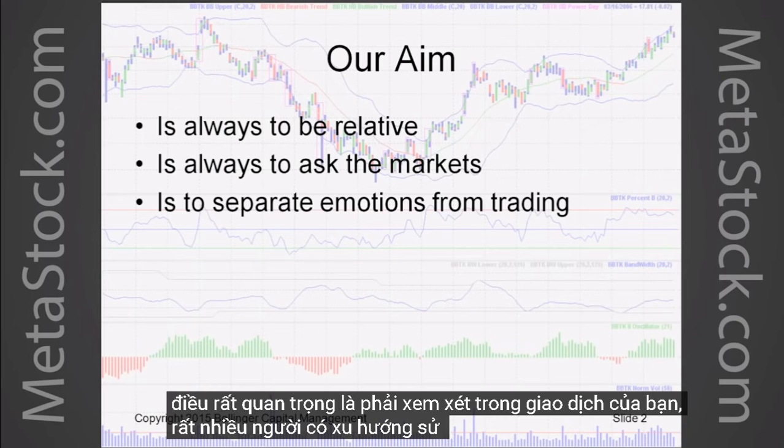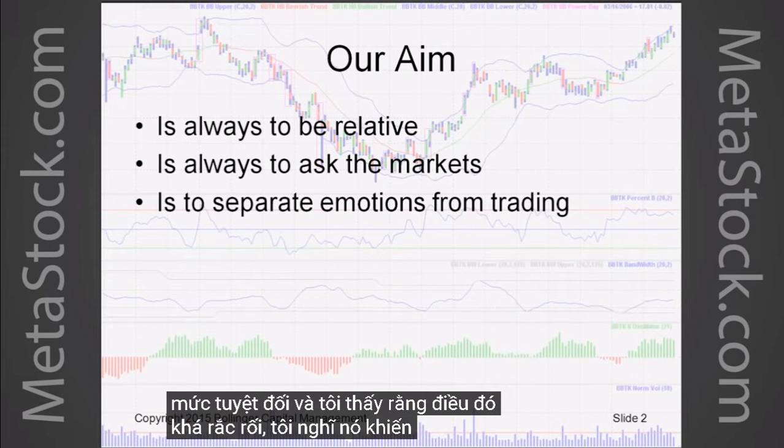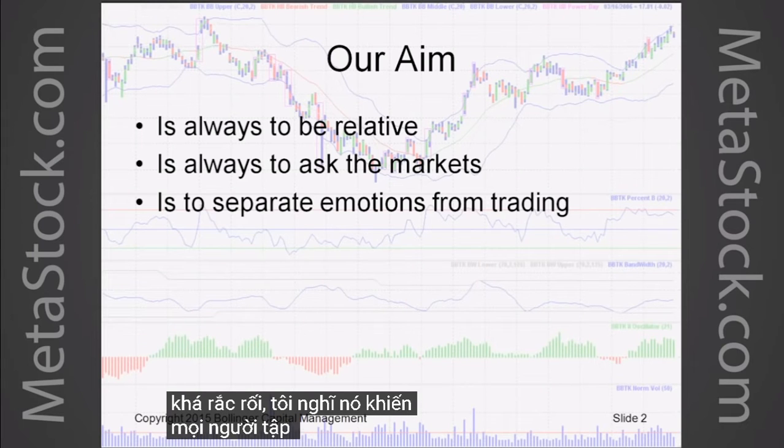A lot of people tend to use absolute levels, and I find that rather troublesome. I think it causes people to focus on the level rather than the reality of the marketplace.